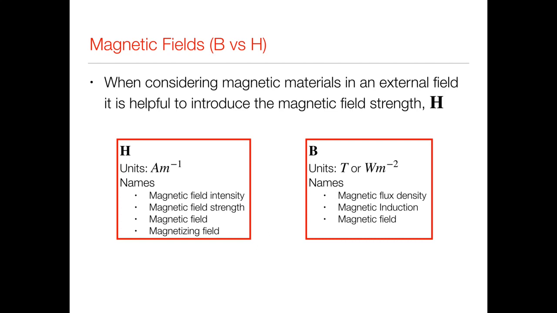Weber being the unit of magnetic flux, and hence it's called things like magnetic flux density, magnetic induction, and magnetic field. These names are all incredibly confusing because, as you see, both B and H can be called the magnetic field. Now, my own preference is to use something that is unambiguous. So I tend to say we apply a B field or we apply an H field.